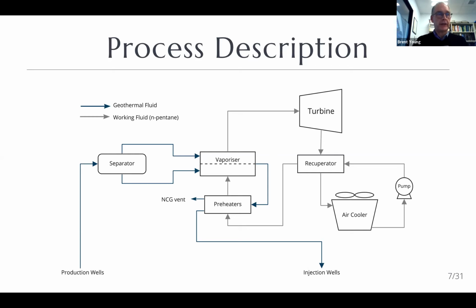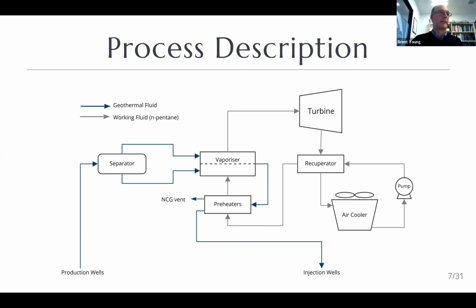And the normal pentane goes through an organic Rankine cycle, where energy is extracted via a turbine that is connected to the grid. And the resulting fluid, called geothermal fluid, goes through preheaters and is injected back into the geothermal well.